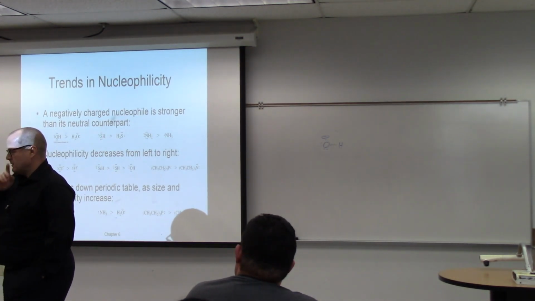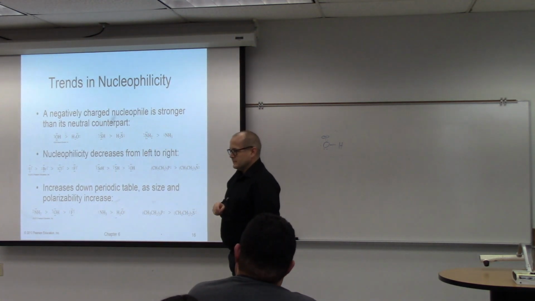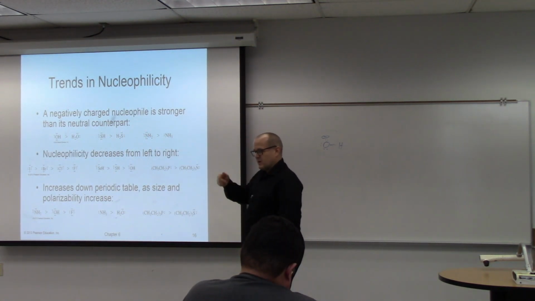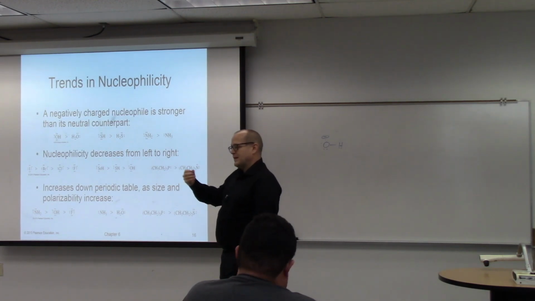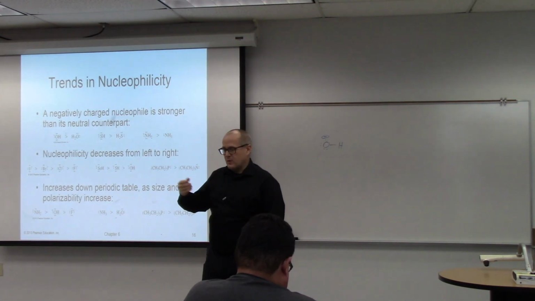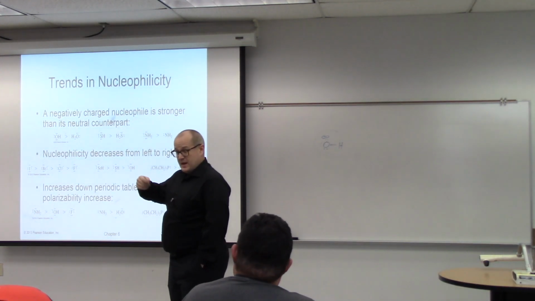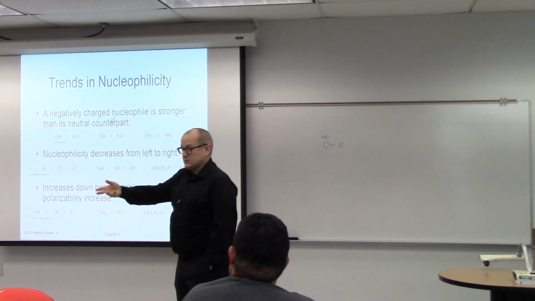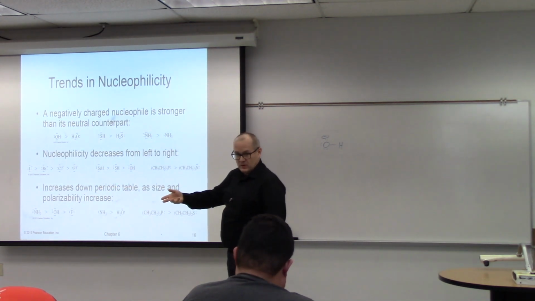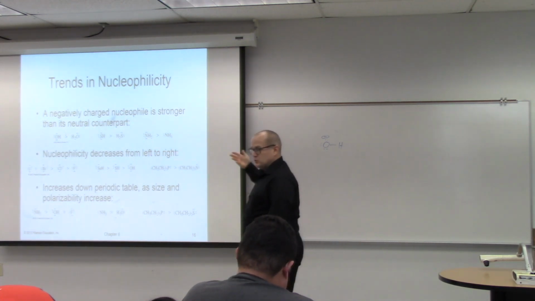But you become more basic. Okay? So the bigger you are, the more you're prone to be a nucleophile. The smaller you are, the more you're prone to be a base. So O minus, which is smaller than NH minus, is going to be a base. Are you with me? I'm talking about atomic size, neutral atom size.